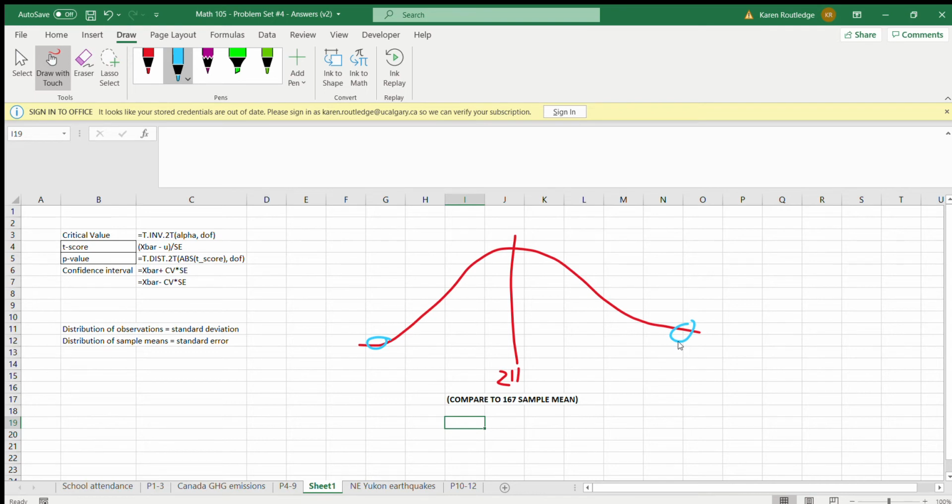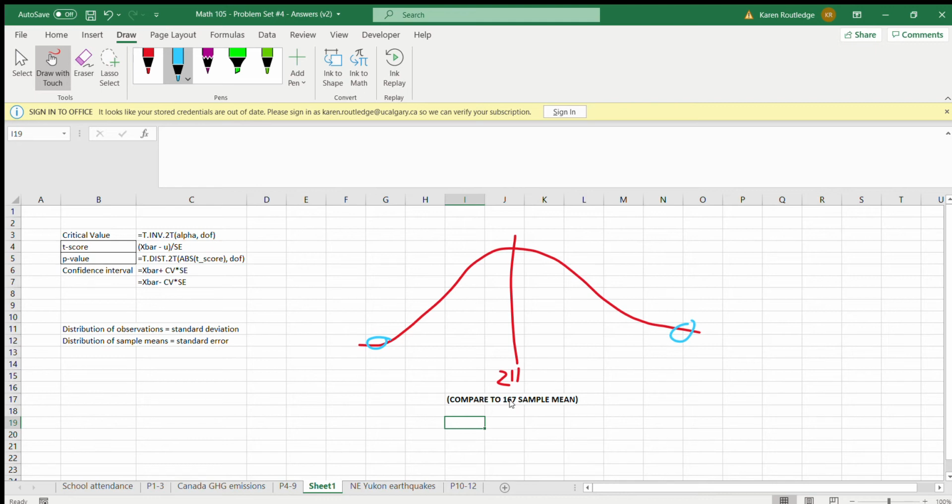So our null hypothesis is that the long-term mean is equal to 211. How are we going to reject the null hypothesis or fail to reject the null hypothesis? So we have our sample mean of 167. What are we going to do with that?